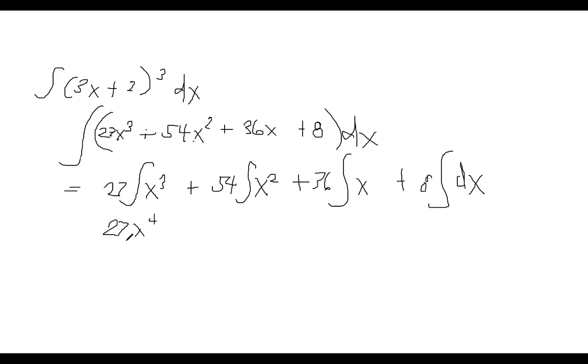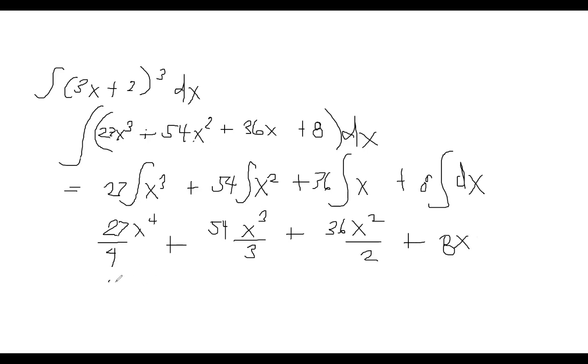Plus 54 times x to the power of 2 plus 1, which is 3, over 3. Then plus 36 times x to the power of 1 plus 1, which is 2, so we have x squared over 2. Plus 8, we just simply copy x.